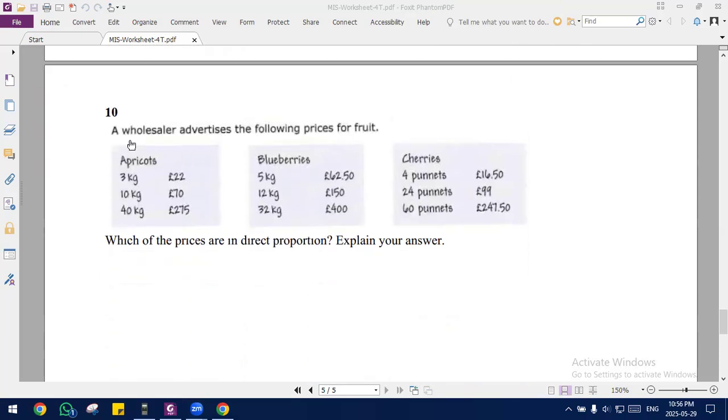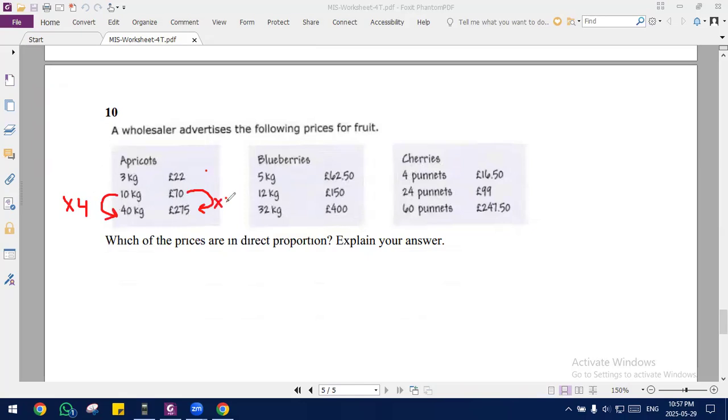Question 10. A wholesaler advertises the following prices for fruit. So apricots, blueberries, and cherries. Which of these prices are in direct proportion? We said direct proportion if you can multiply one of them to get the second one. So we need to check. For example, here, 10 is multiplied by what to get 40? Multiplied by 4. So now let's check this, 70.